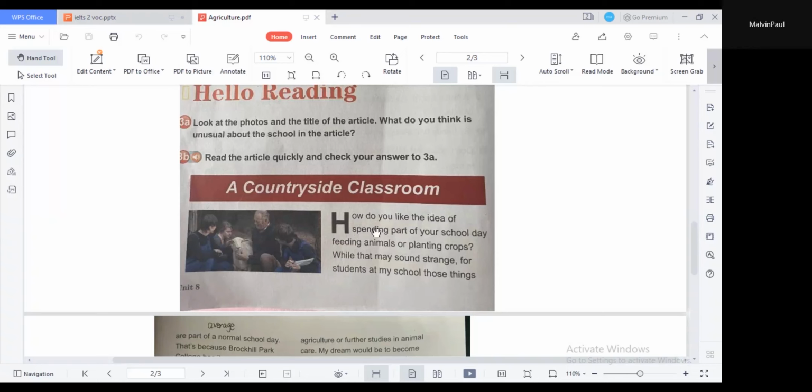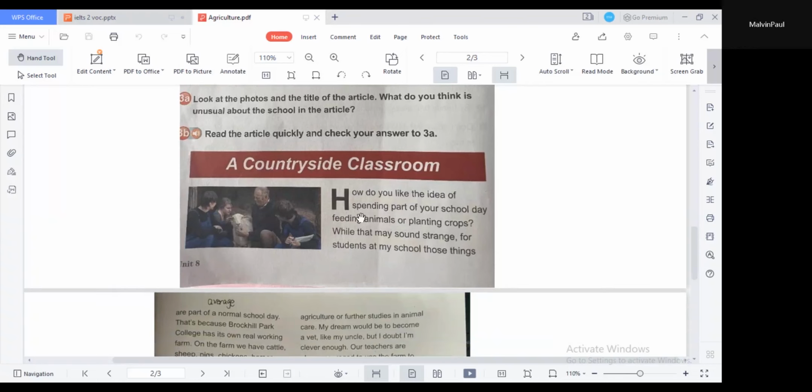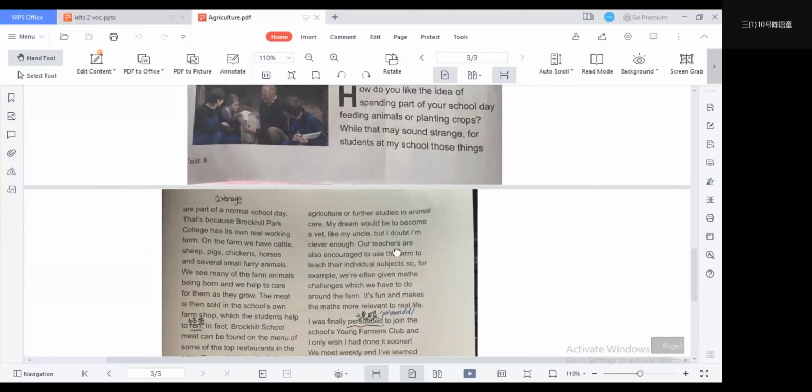Let's read. Can you read the article? A Countryside Classroom. How do you like the idea of spending part of your school day feeding animals or planting crops? That may sound strange, but for students at my school, those things are part of a normal school day.